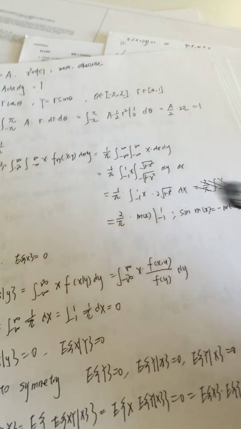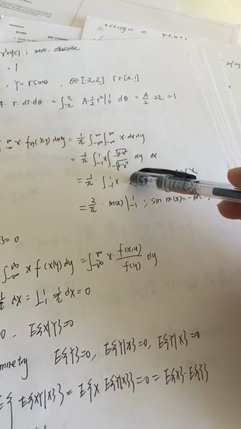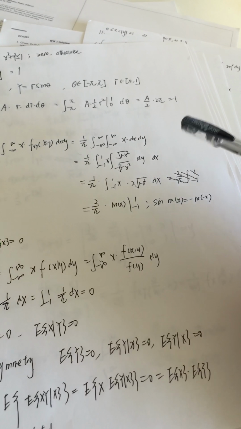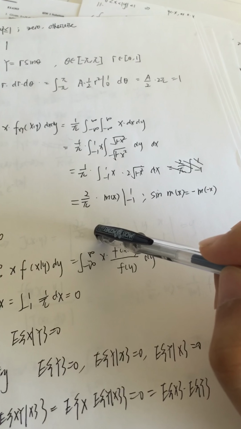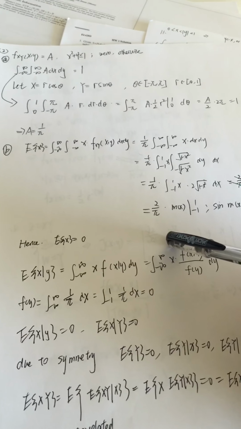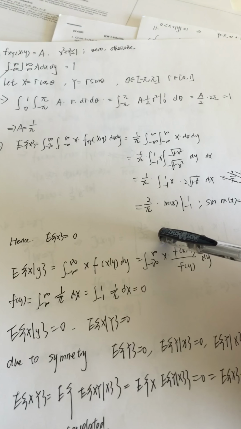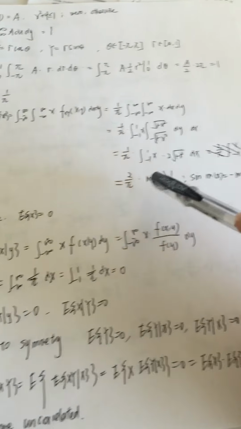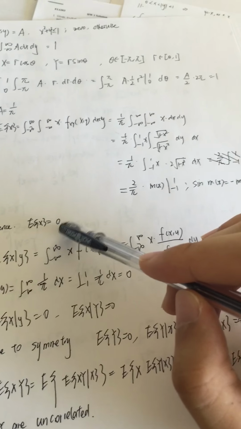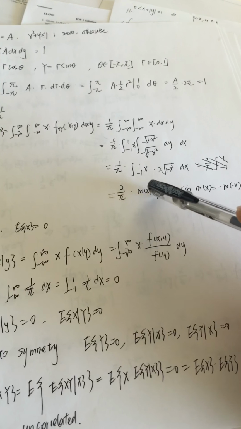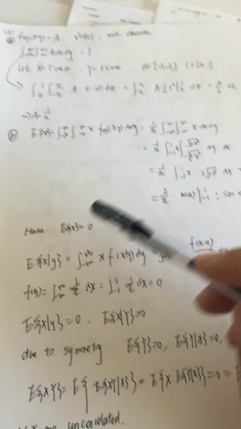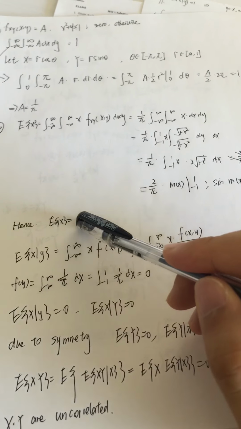After we solve this, it is equal to 0 because this part is an odd function. So this mean is equal to 0.